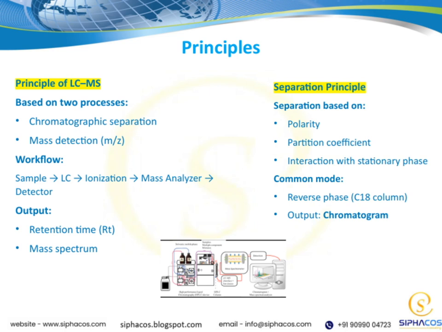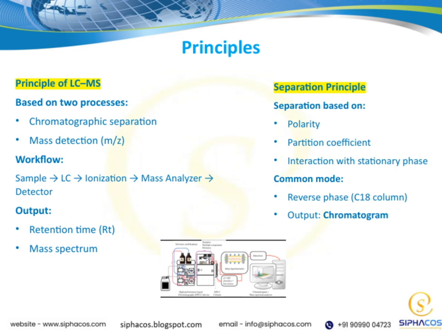A common mode we often use is reverse phase chromatography, which typically involves a C18 column. In this setup, nonpolar compounds tend to be retained longer, while more polar molecules pass through more quickly. Once separation occurs, we generate a chromatogram, which visually displays the different compounds based on their retention times.